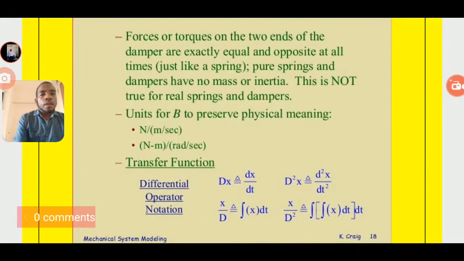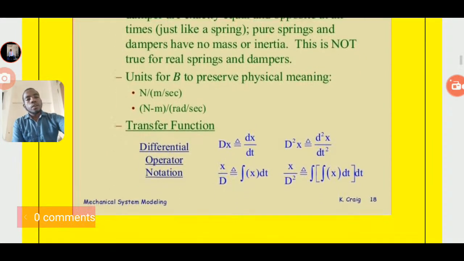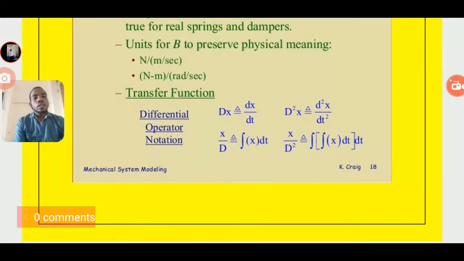For the transfer function, the differential operator notation is used.